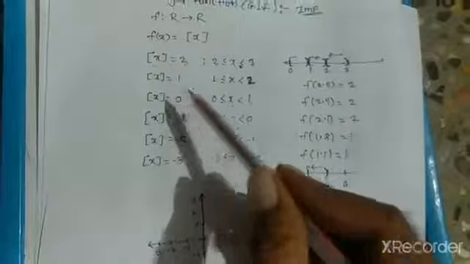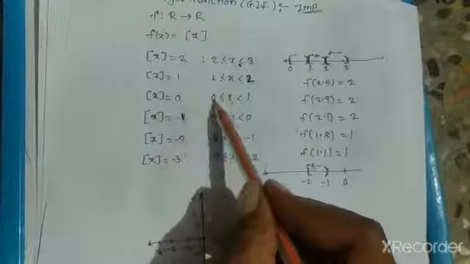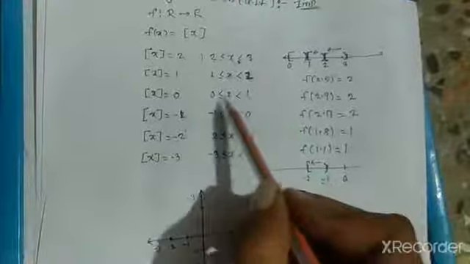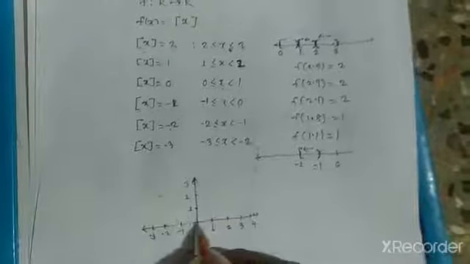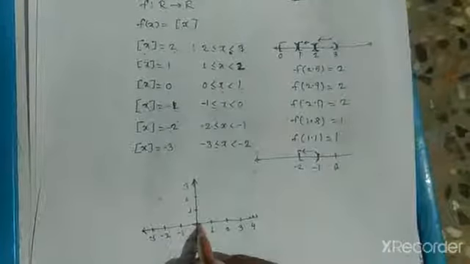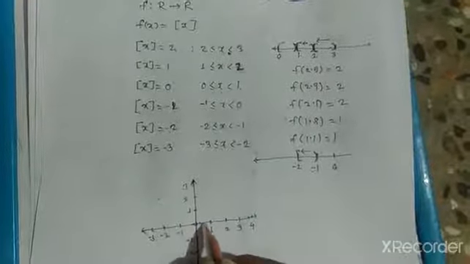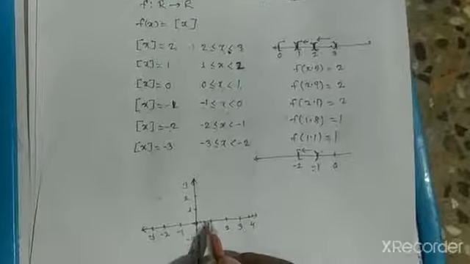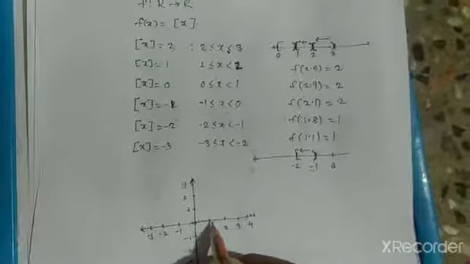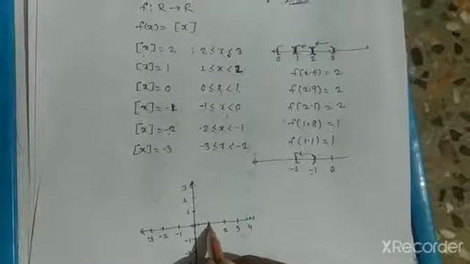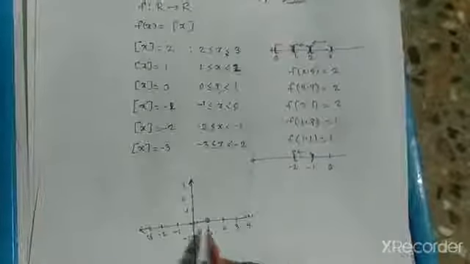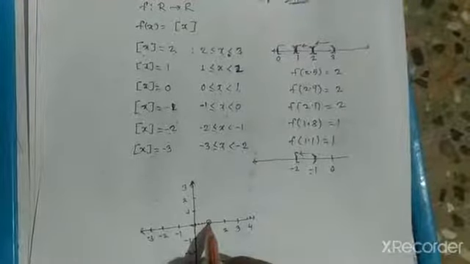That means there is a value 0 for values between 0 and 1. So for 0 it is 0. For 0.1 it is 0, for 0.2 it is also 0, for 0.3 it is 0, up to 0.9 it is 0, but at 1 it is 1.